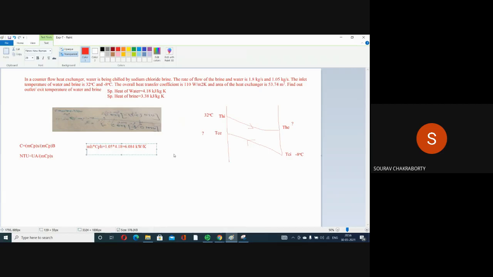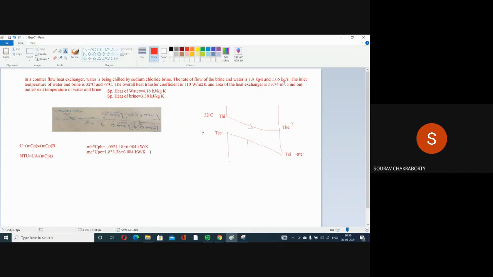And for the second one, MC into CPC will be equal to 1.8 into 3.38, which is equal to 4.389 kilowatt per Kelvin. Sorry, this was actually 4.389.